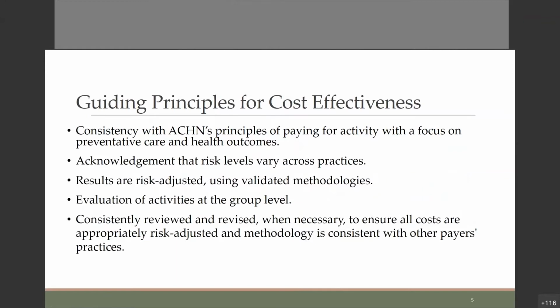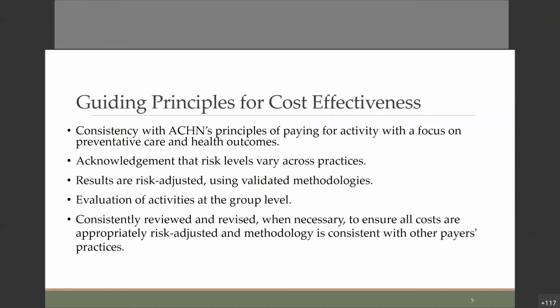The guiding principles for cost effectiveness: consistency with ACHN's principles of paying per activity with a focus on preventative care and health outcomes; acknowledgement that the risk levels vary across practices. That means the sick patients are accounted for, their expensive sick recipients as well as the expensive recipients are accounted for in this methodology.